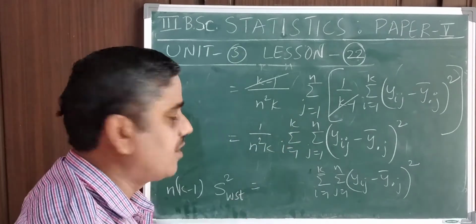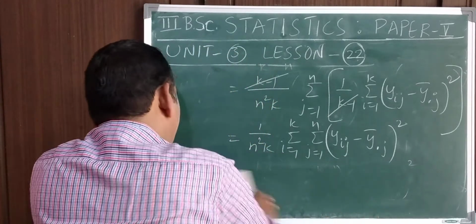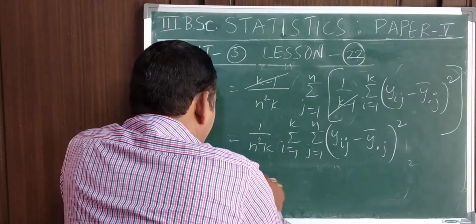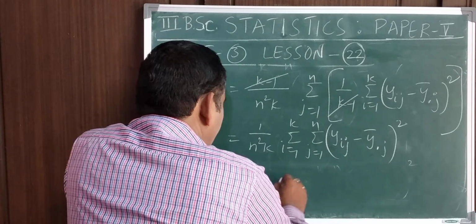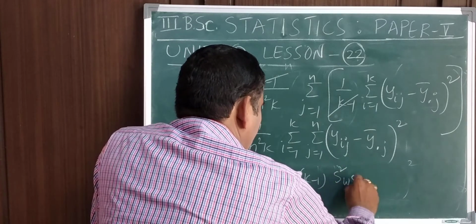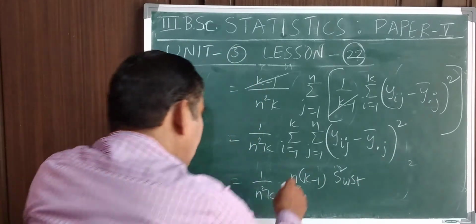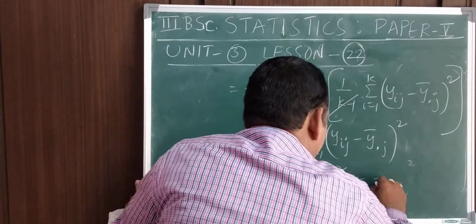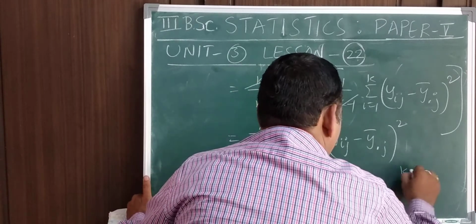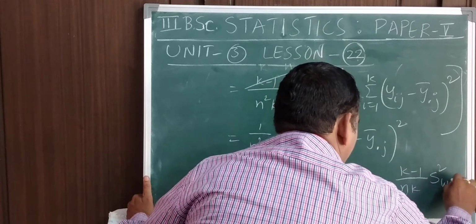Now I am substituting here. So it is equivalent to 1 by n square k into n into k minus 1 into s square wst. Clear? So now I cancel one n here. Therefore it is equivalent to k minus 1 by nk multiplied by s square wst.